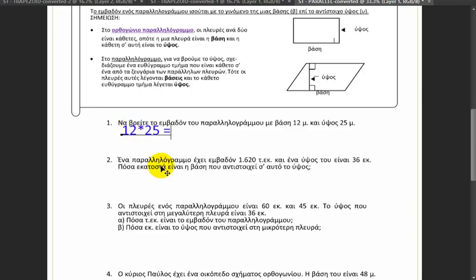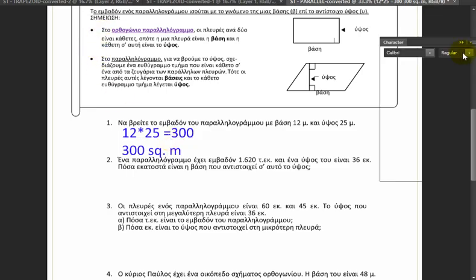And this multiplication is going to give us 300, I believe. Yeah, and that's the first one right there. So my answer should be 300 square meters. We'll make this a little smaller.